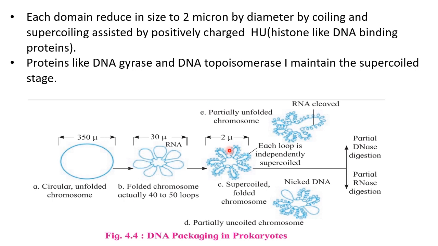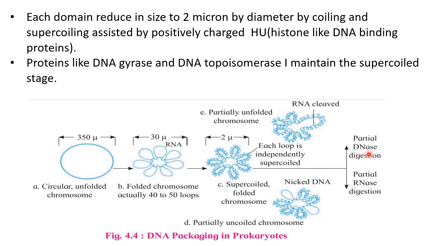Now we are seeing the example of a bacterial cell, that is Escherichia coli. So due to the reduced size, it can fit inside the bacterial cell. Then during the process of uncoiling, two enzymes play an important role.